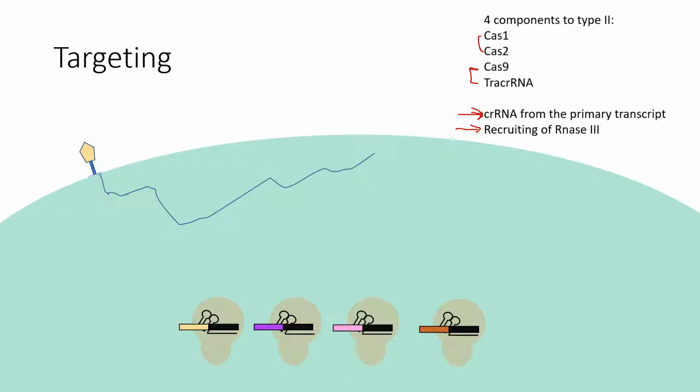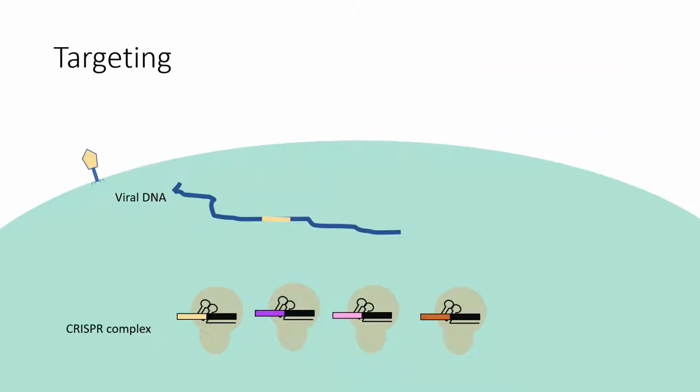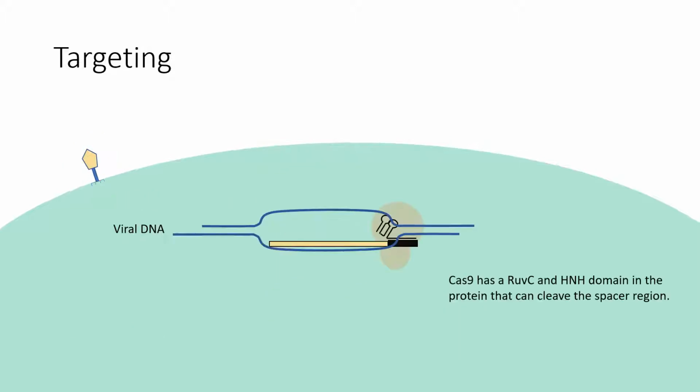So let's take a closer look then. The virus infects again, so this is a second exposure. That CRISPR complex is going to bind through homology because it has that same sequence. It took it from this virus. This causes a bubble to form where the base pairs with the bottom because of that homologous base pairing from the viral DNA, that spacer sequence.